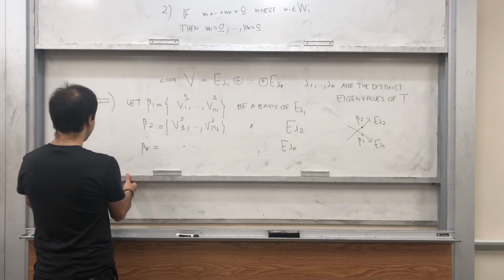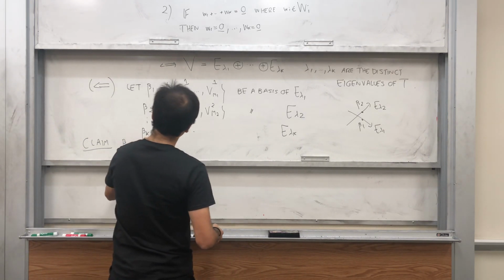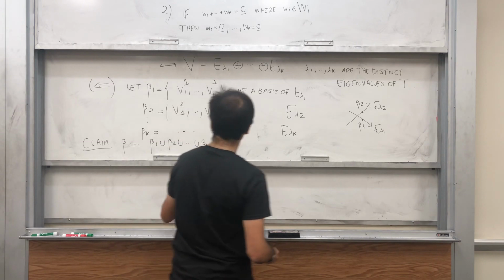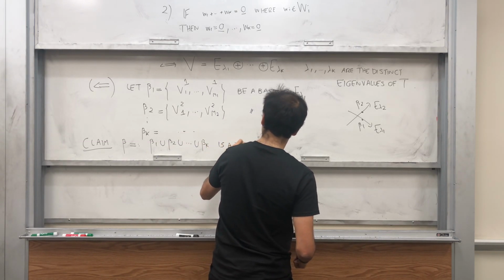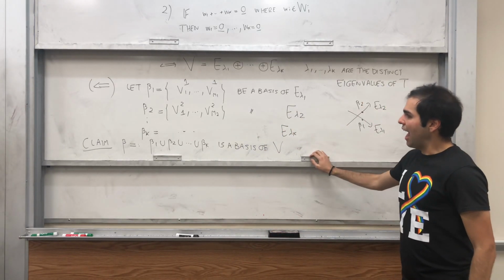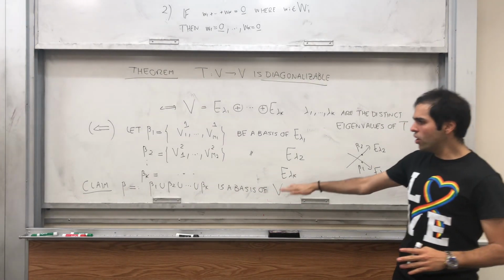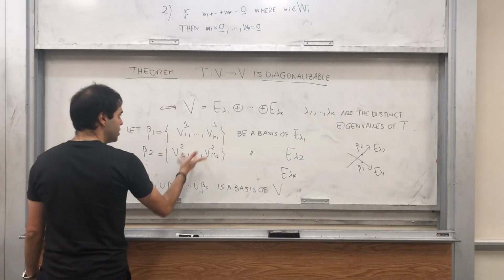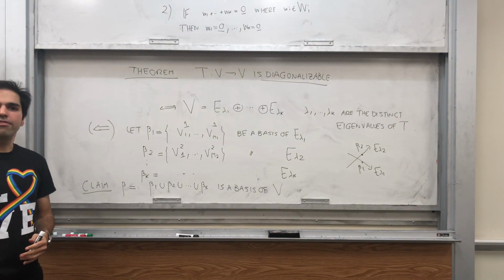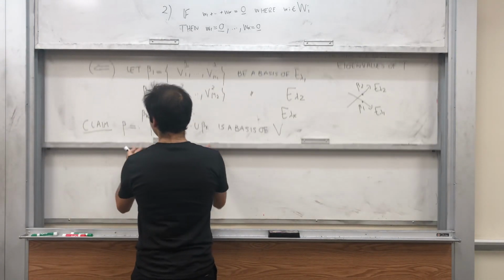So I'm claiming that if you put all of them together, beta, which is defined as beta 1 union beta 2 union up to beta k, it's a basis of the whole space V. And then, by the way, we would be done, because we would find a basis of V, and notice all the elements here are eigenvectors of T. So we would find a basis consisting of eigenvectors of T, which by definition implies T is diagonalizable.